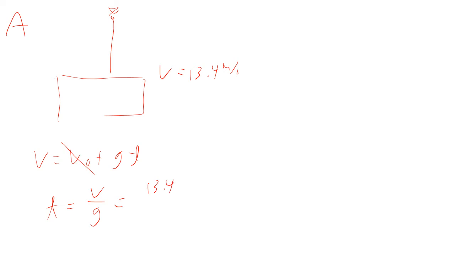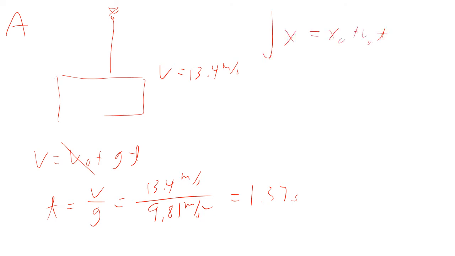So 13.4 meters per second divided by 9.81 meters per second squared, and so that's going to be 1.37 seconds. Okay, so the distance x: x naught plus v naught t plus 1/2 gt squared.